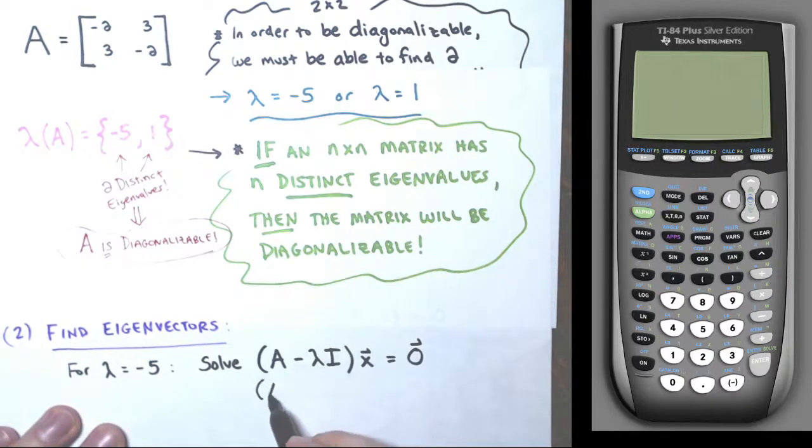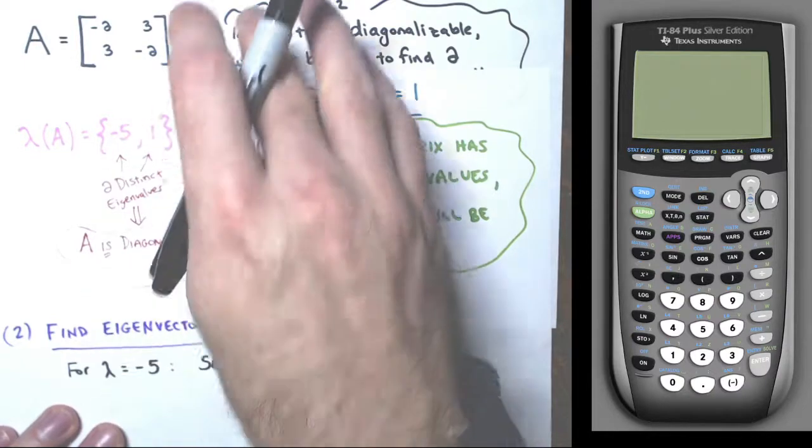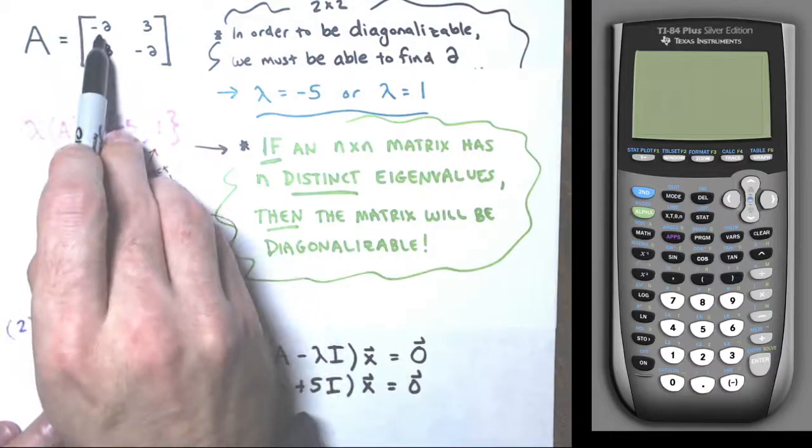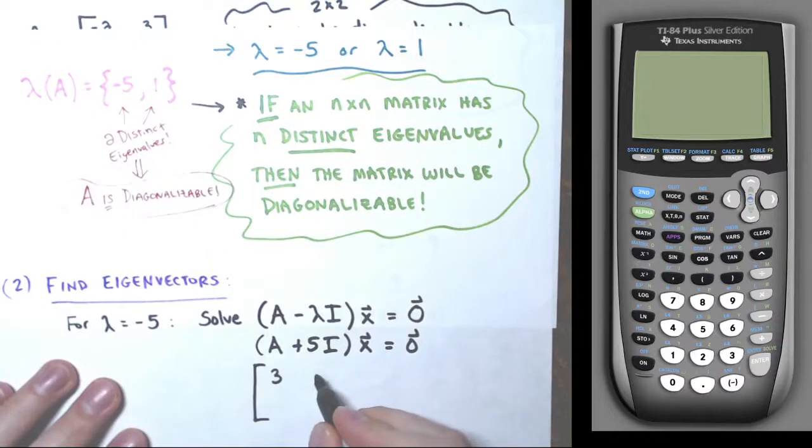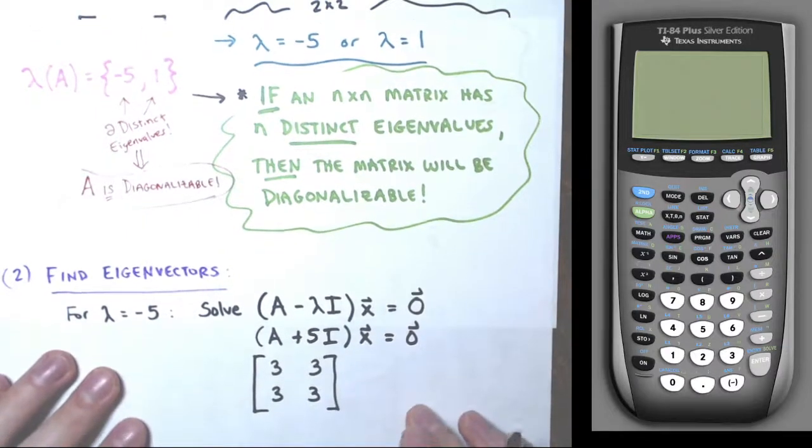So we're solving the equation A plus 5I, since lambda is -5, times vector x equals 0. And what does the matrix A plus 5I look like? Well, it's just matrix A where I'm adding 5 to the main diagonal entries. If I do that, -2 plus 5 is 3, -2 plus 5 is 3. The matrix is made up of all 3's. So there's A plus 5I.